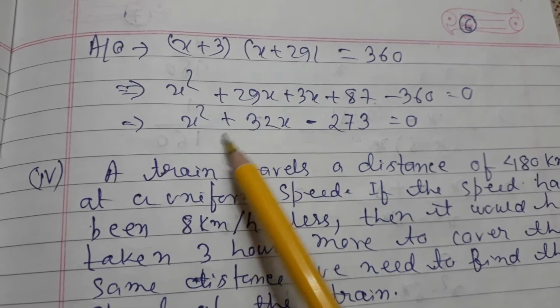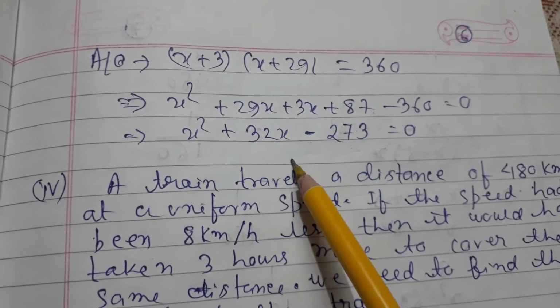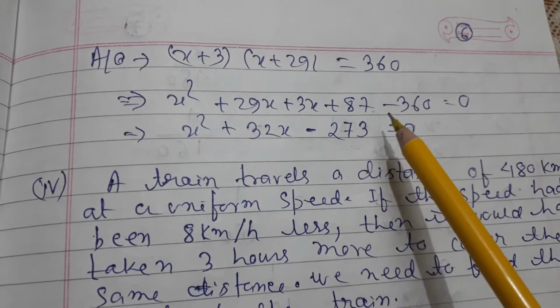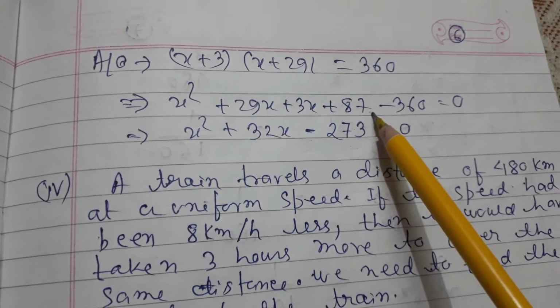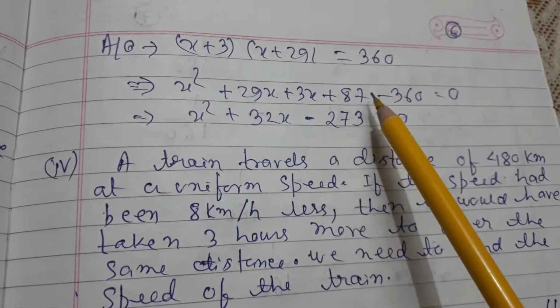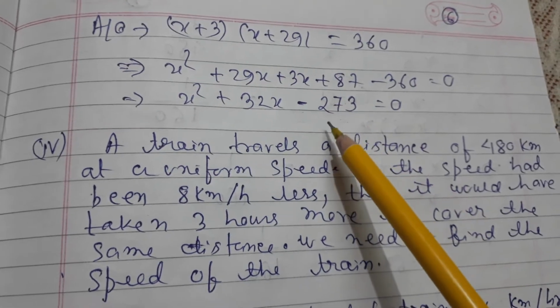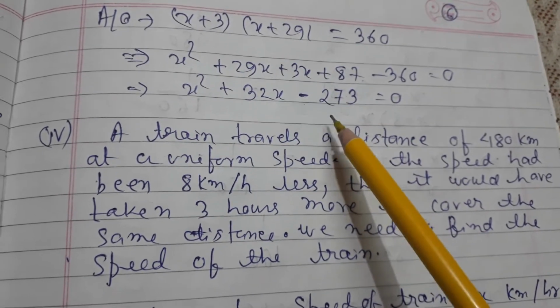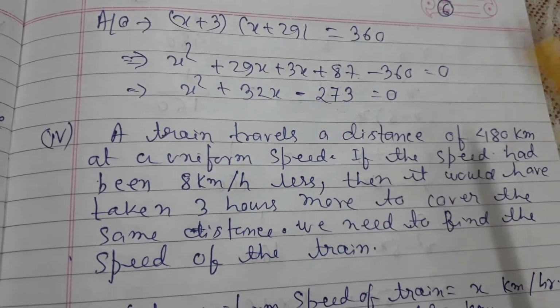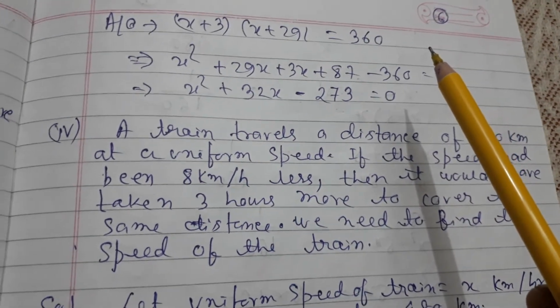Now x square plus 32x, if we add 29 and 3. And now 360 is the greater number and before 360 there is a minus sign. So you put a minus sign here, and minus plus minus. So 360 minus 87, what do we get? 273 equal to 0. So this is the quadratic form of the equation.